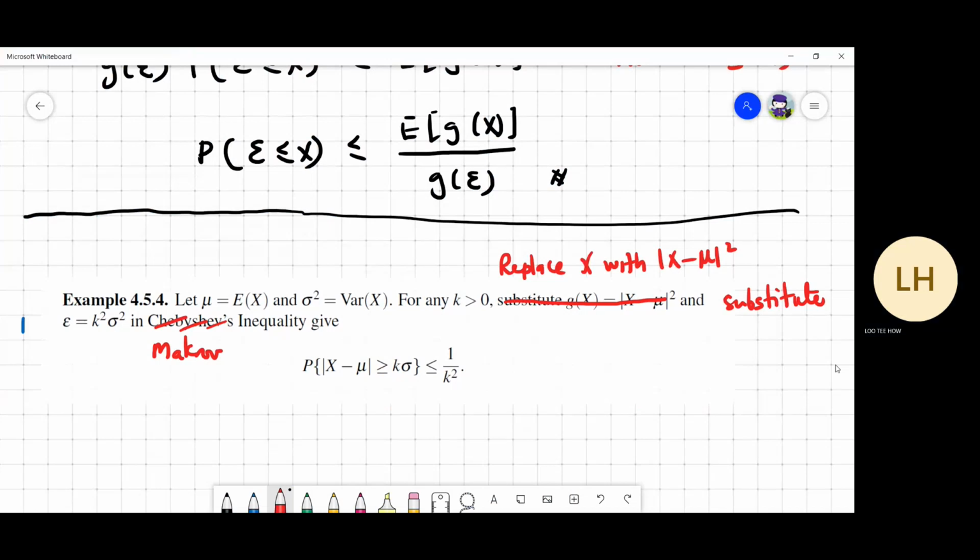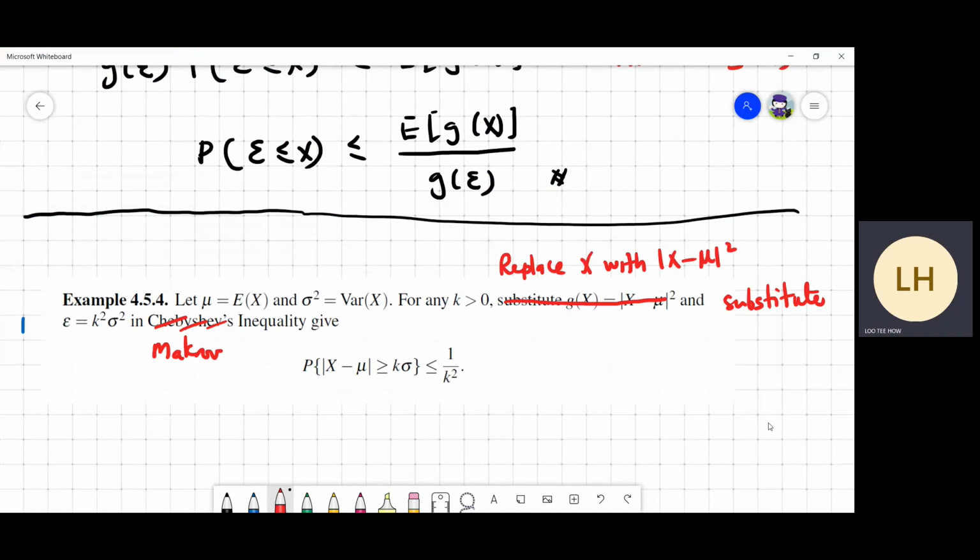Okay, so let's look at the examples. Let mu equal to EX, that is the mean for the random variable, and as usual, sigma square to be the variance for the random variable x. For any positive constant k, after replacing x with modulus x minus mu square, and after substituting epsilon equals k square over sigma square in Markov inequality, we obtain another inequality here.